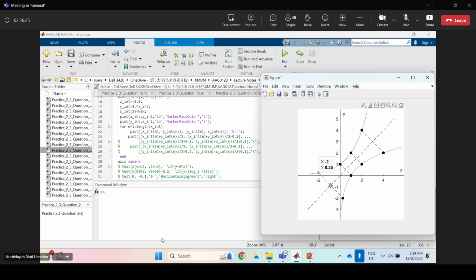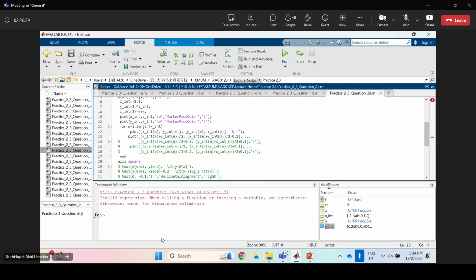And this one, x integer, y integer also divided by 2, so we refer to this place. We minus 0.1 because, let me show you now. Oh yeah, because I have a dot here.